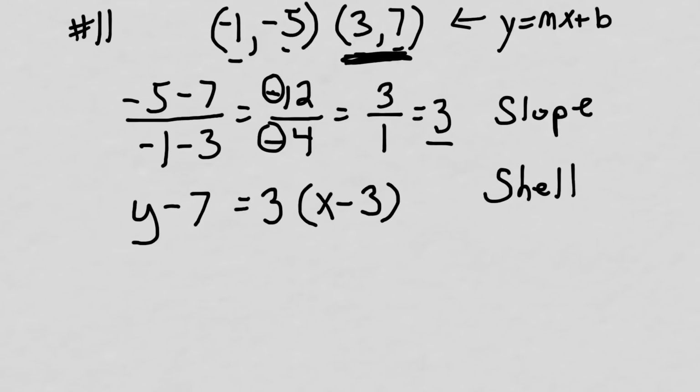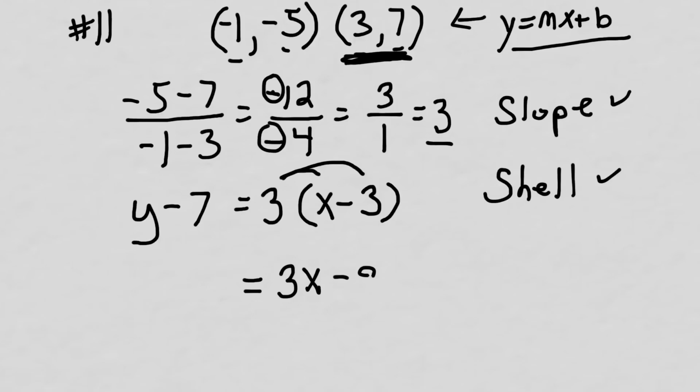Now let's clean this up a little bit. This is the shell. You're done with the slope. You're done with the shell. The shell is the point-slope formula. Now we have to solve for it. Solving for it gets it in the y equals mx plus b form. First thing you want to do is distribute this 3 to the x, which gives you 3x. Then distribute the 3 to the -3. You get -9.